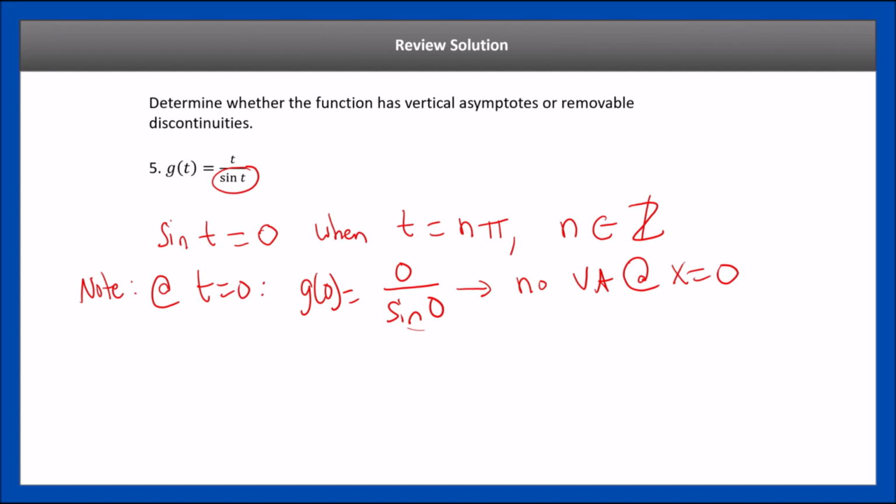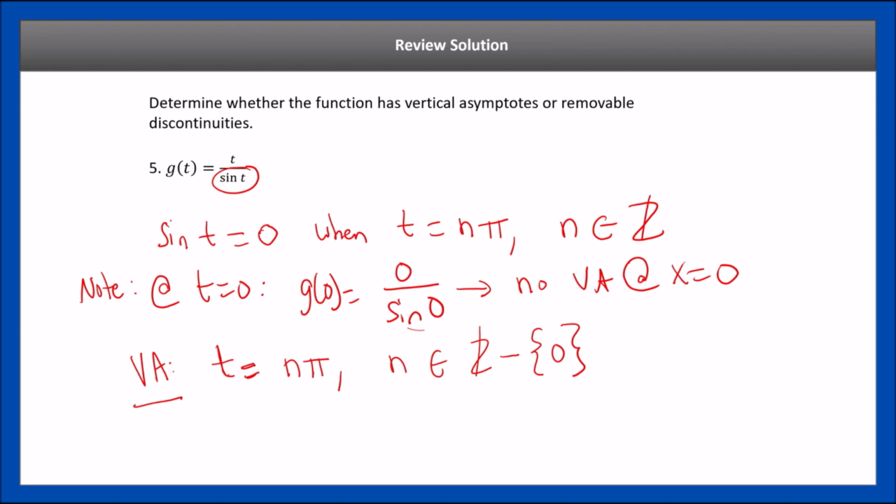However, at any other value, we have a vertical asymptote, okay? So in this case, we're going to modify this and say that the vertical asymptote is when t is equal to n pi for n is an integer other than 0. So basically it's a set of all integers except for 0.